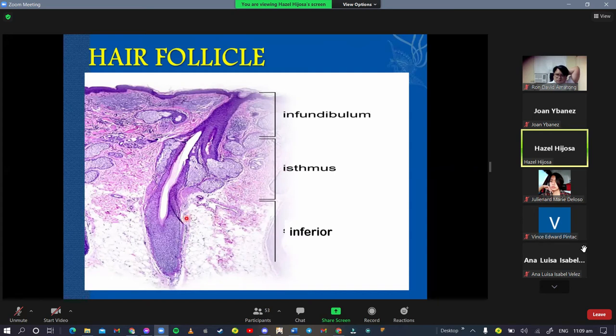The lowermost portion, the inferior segment, expands to form the hair bulb. Between the isthmus and the inferior portion is the follicular bulge, located near the insertion of the erector pili muscle, somewhere here. This is the muscle, and the bulge contains the epidermal stem cells.